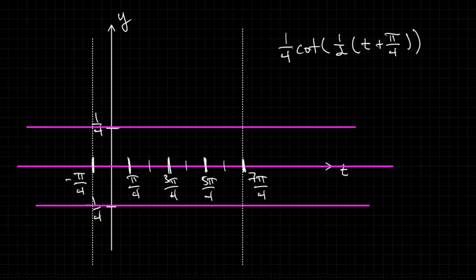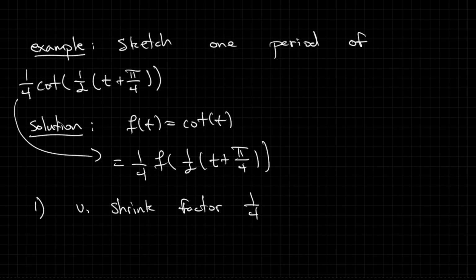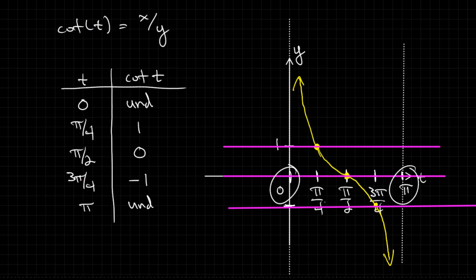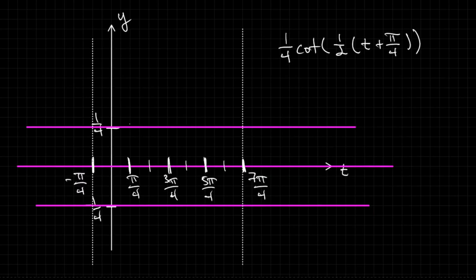Now I pasted our function so that we can remember if there's a vertical reflection that we need to take care of. There is not, so the behavior of this graph is going to follow the behavior of the original in the sense that it's going to start at the upper, then go to the middle, then go to the lower. If there was a vertical reflection, we'd start at the lower, go to the middle, then go to the upper, but there's not. And so we'll start at the upper.